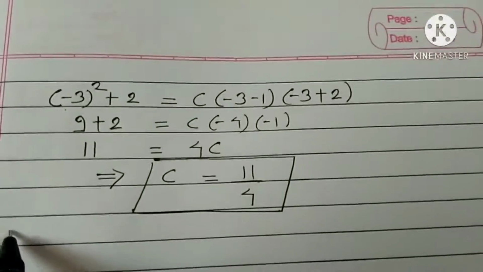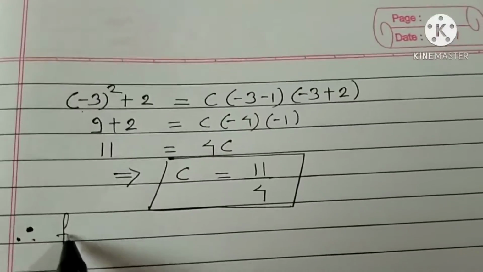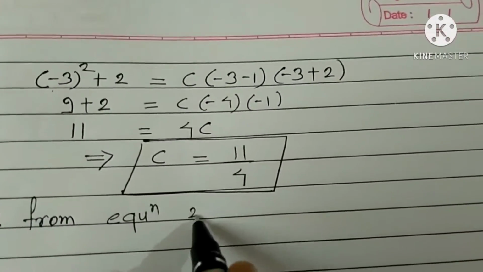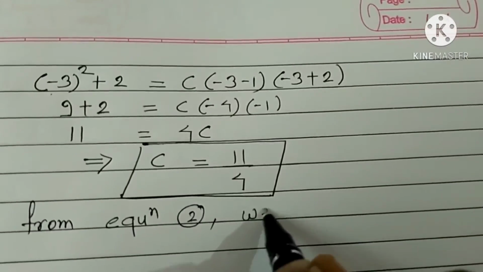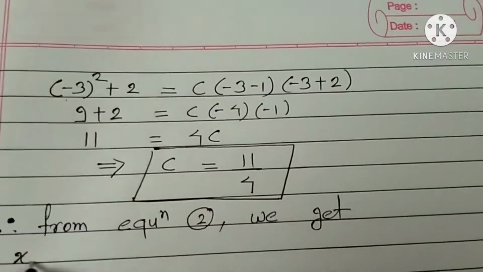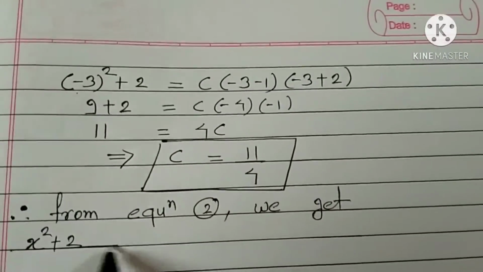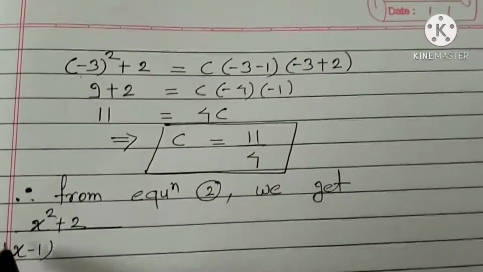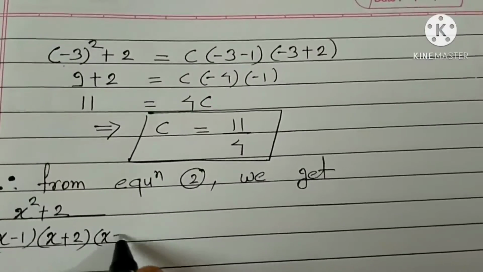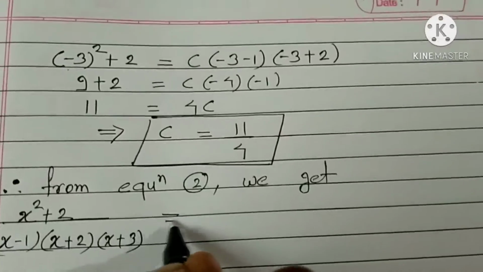So therefore from equation 2 we get, put all the values in equation 2. So here x square plus 2 over x minus 1, x plus 2, x plus 3, which is equal to.